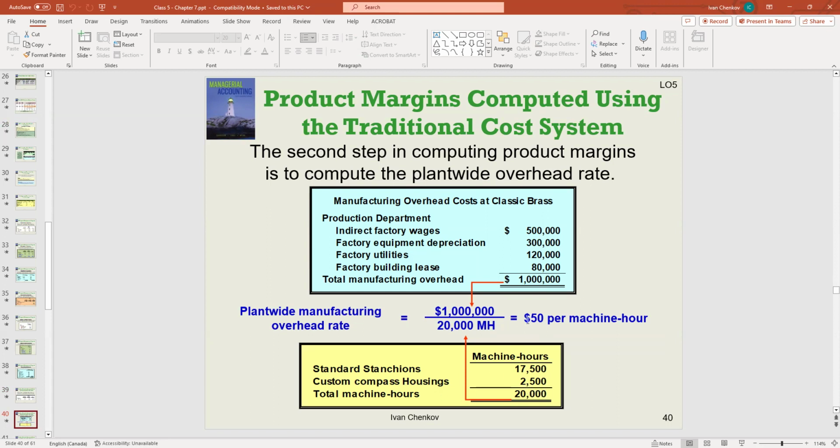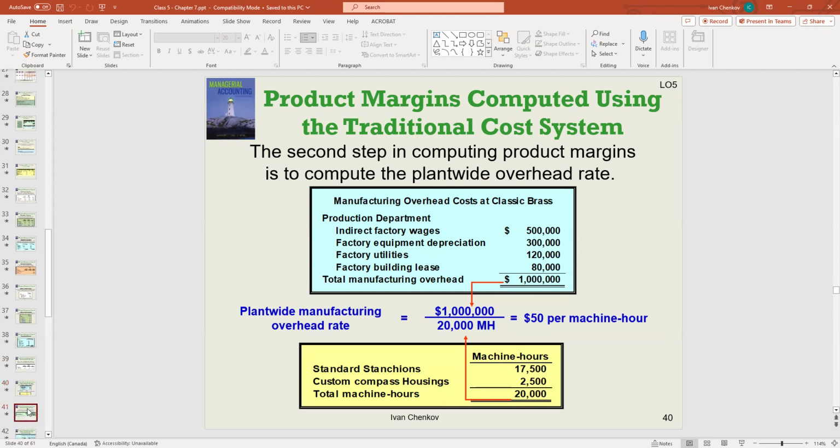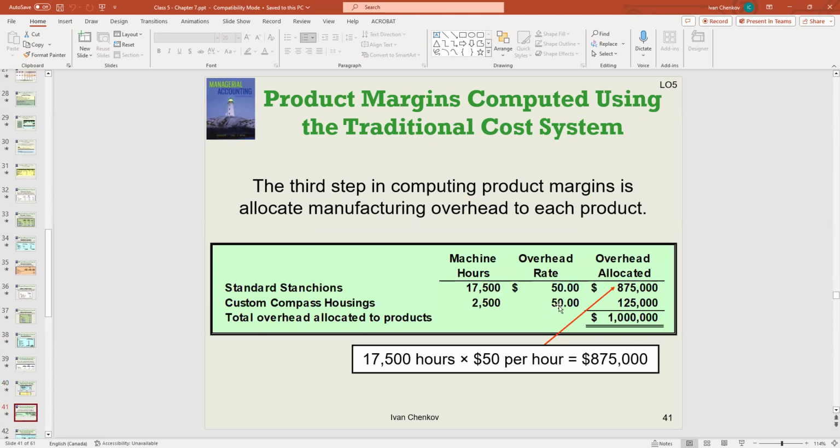And for every hour on the custom compass, out of 2,500 times $50, we're gonna assign it to the custom compass housing. So, in other words, out of $1 million, we're gonna assign 875,000 to the standard and 125,000 to custom.